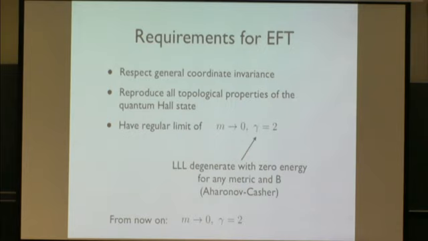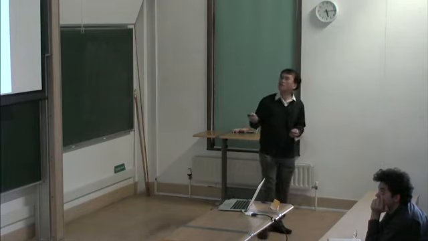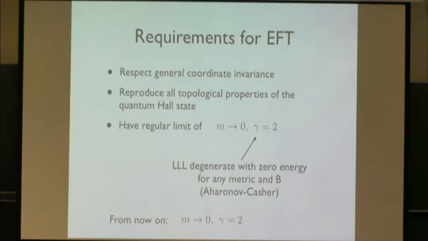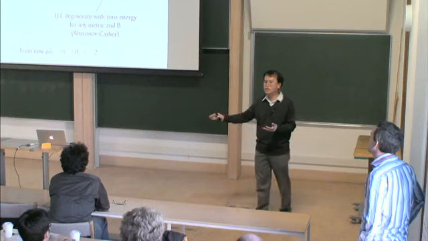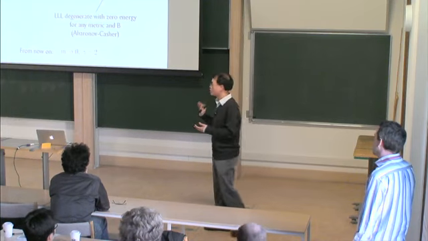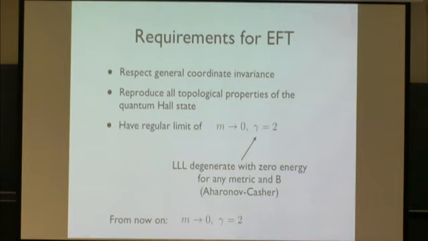The effective theory should respect general coordinate invariance, reproduce all topological properties of the quantum Hall state, and it has to have a regular limit when we take the mass to 0 while keeping the g factor equal to 2. That is important because only in this limit does the lowest Landau level have zero energy. In this case, we are sure that the effective action is regular in the limit m goes to 0. From now on, we will put m equals 0 and gamma equal 2.